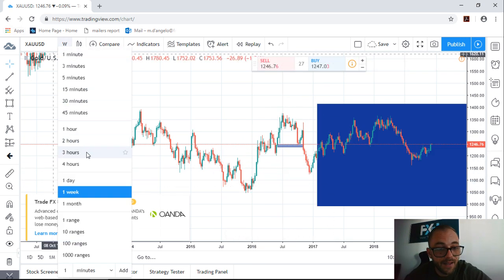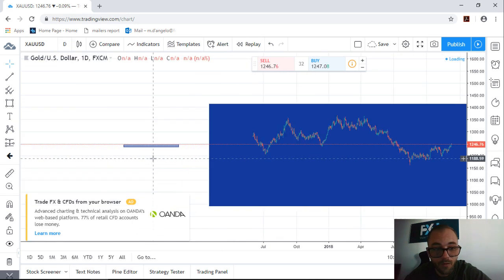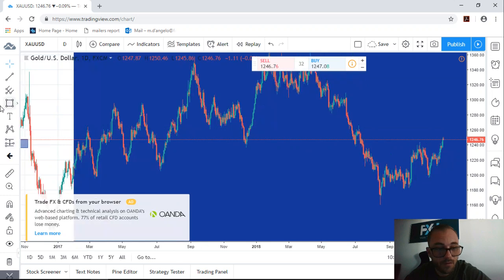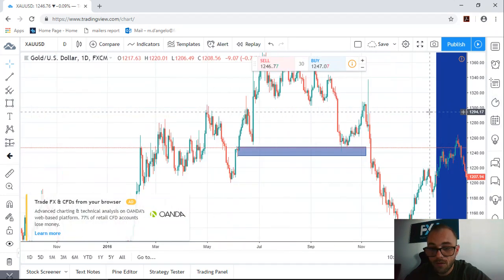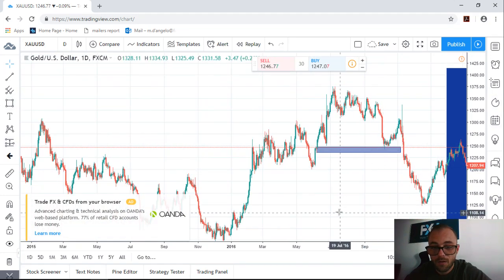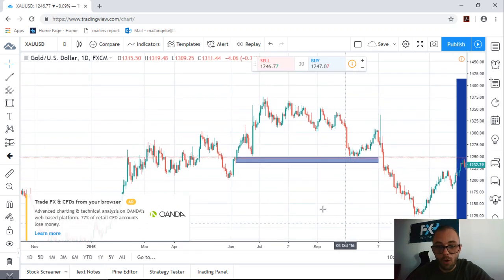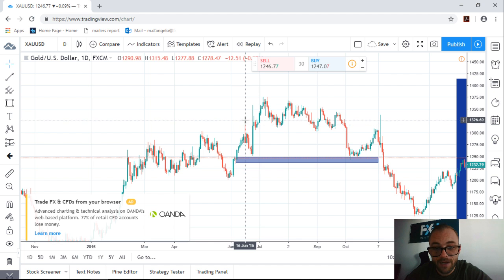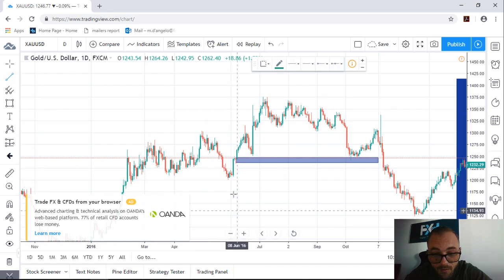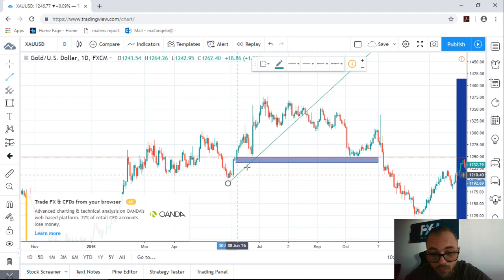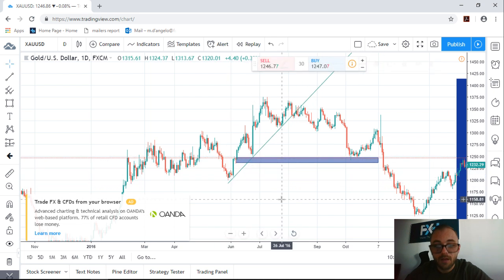And daily at that moment in time, we're also up. We have a rally base rally, so we connect our peak, valley. So our last two valleys connected.